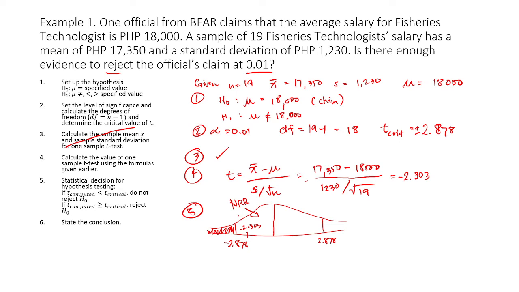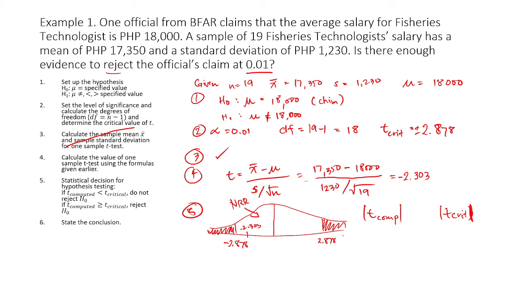At kung titingnan nyo actually, yung negative 2.303 ay actually larger siya. It is actually greater than our t critical. So, kung kukunin natin yung absolute values nila. So kung kukunin mo yung absolute value ng iyong t computed, saka yung iyong t critical, so negative, magiging positive.